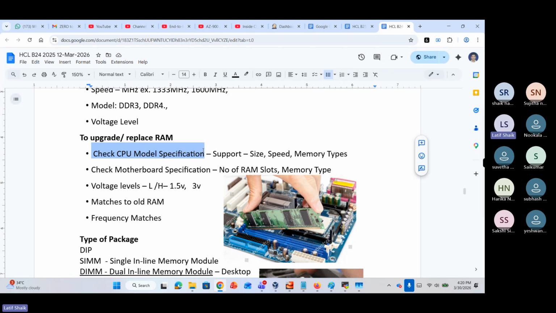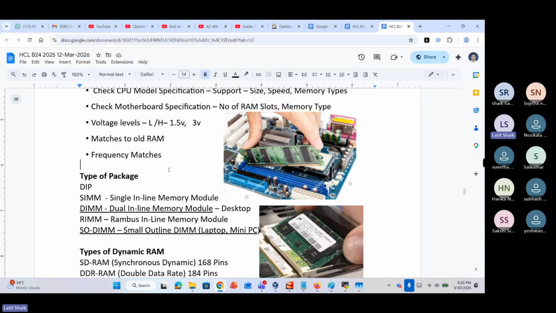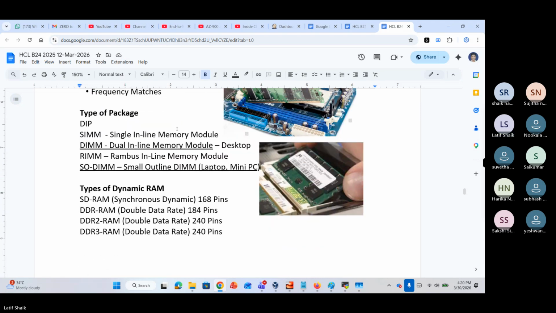Instead of taking a risk, because online we don't know, I went to the shop and told them these details. They gave me a RAM and we put it in. So that is how to upgrade or replace the RAM. Small points only, guys. Those details are enough.